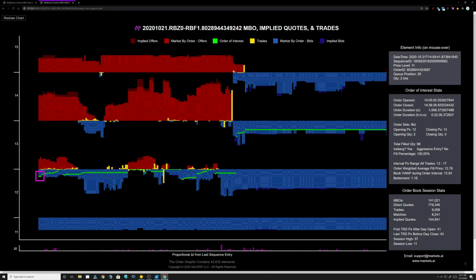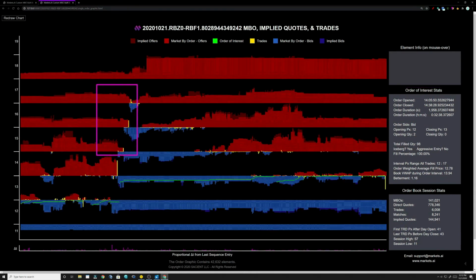And I believe that it is. This order comes in with an opening quantity of 2, and you can see the 2 lots sort of fits in with the best bid offer quantities. And so it's comfortable there, meaning it's not exaggerated like some big quantity.